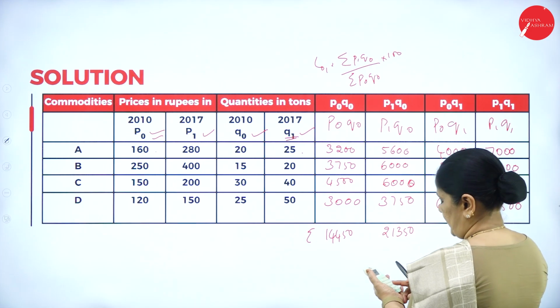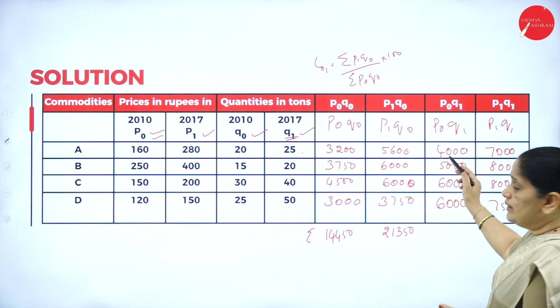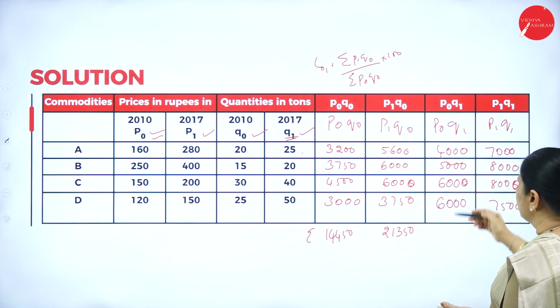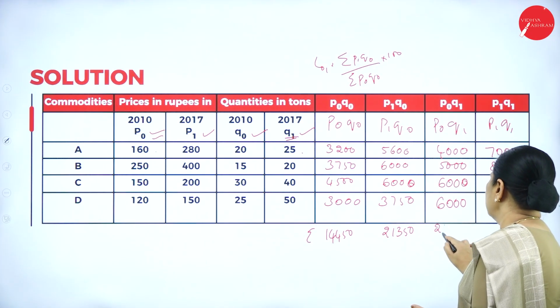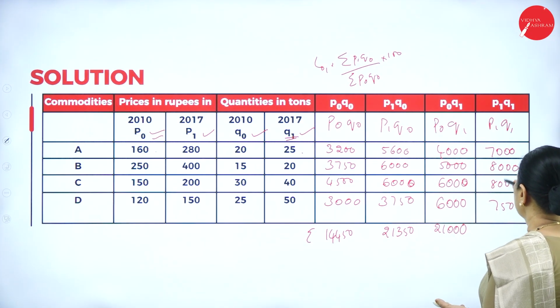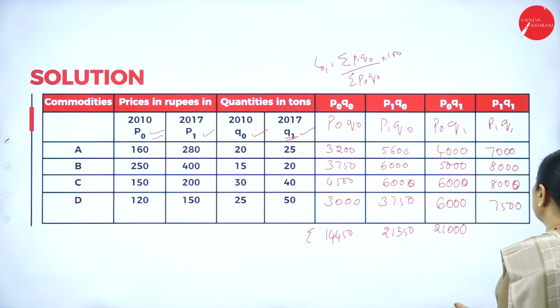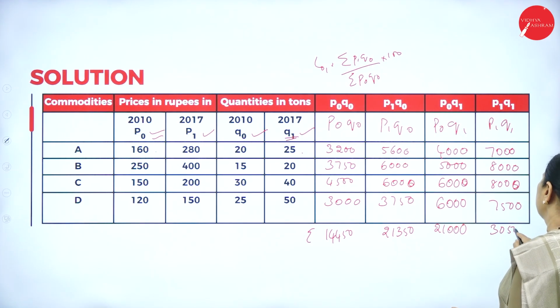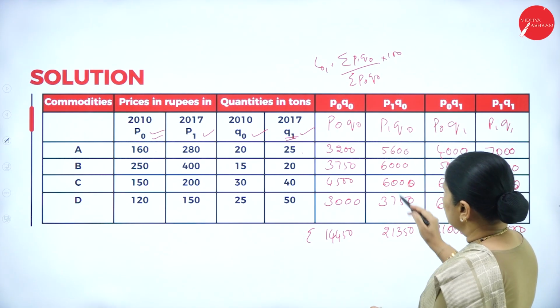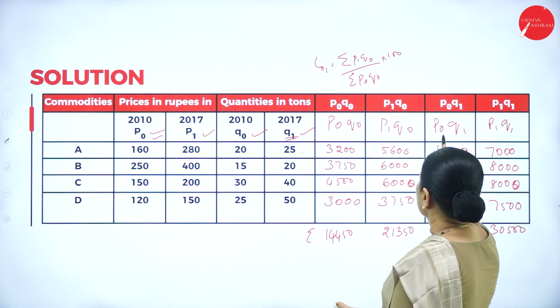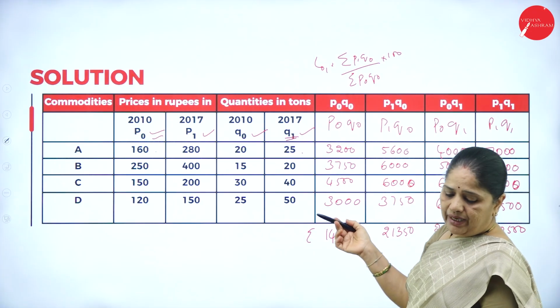Next, here it will be 4000 plus 5000 plus 6000 plus 6000, 21,000. And here it will be 7000 plus 8000 plus 8000 plus 7500, 30,500. So we got the summation P0 Q0, P1 Q0, P0 Q1, P1 Q1.